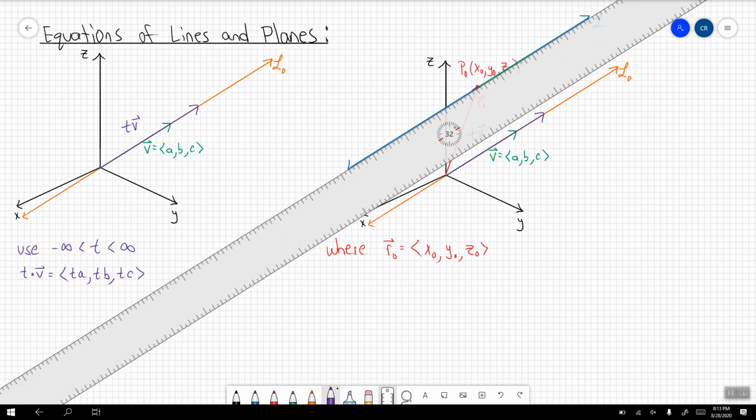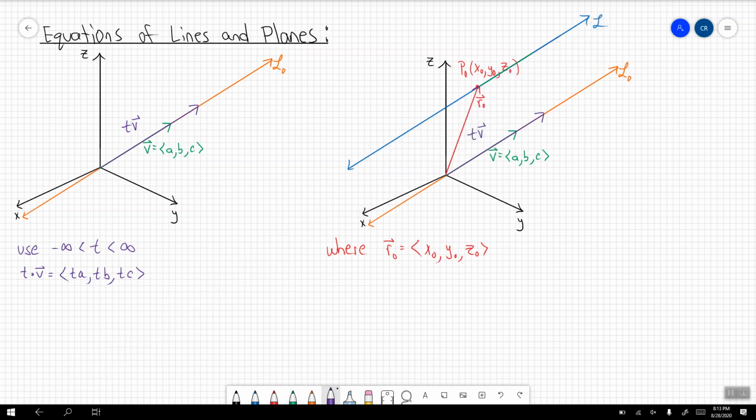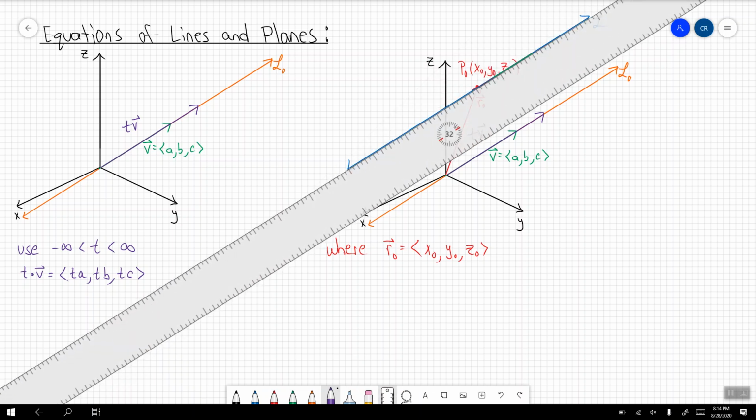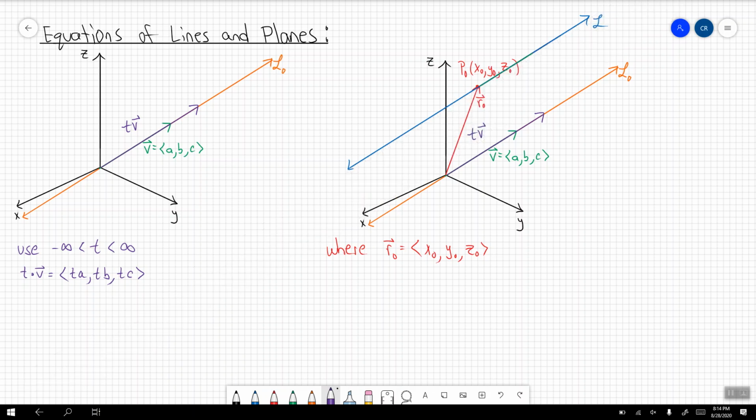And we could also find vector t times V on line L. I have no idea why the color's not showing. It might be a glitch, it's okay. So we are able to extract that we do have vector V and we do have vector t times V occurring as well.